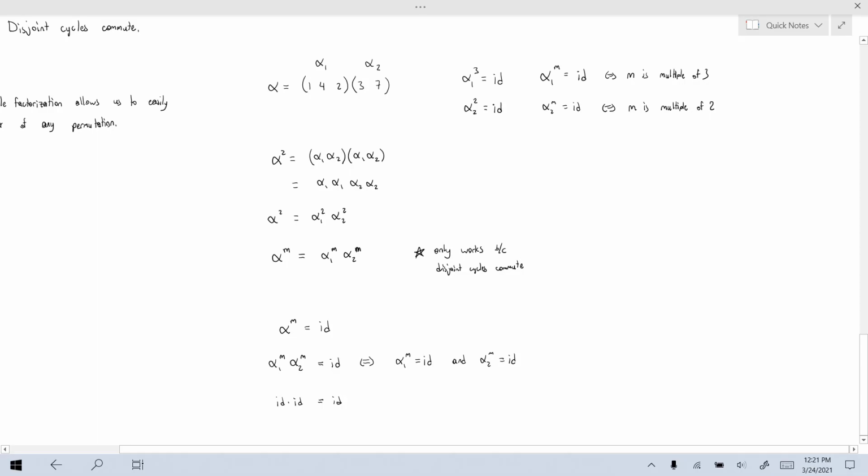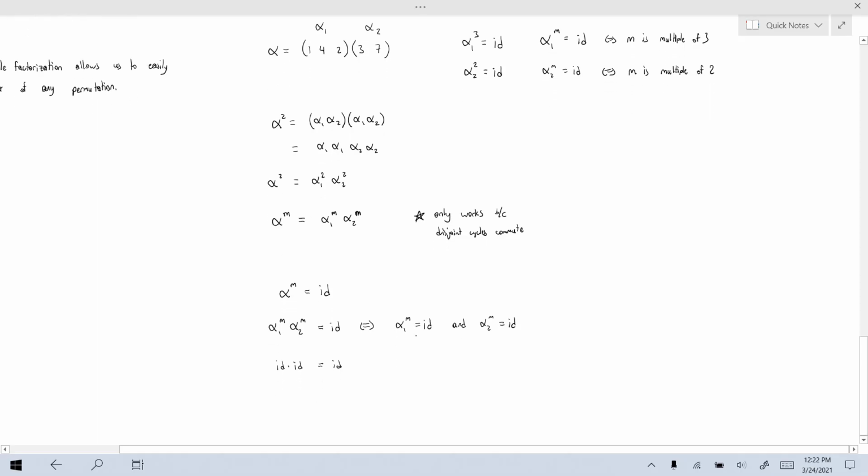And for this condition to be satisfied, m would have to be a multiple of 2 since alpha 2 was a cycle of length 2. So I need m to be both a multiple of 3 and a multiple of 2. So the smallest number satisfying that would be m equals 6, the least common multiple of 3 and 2.